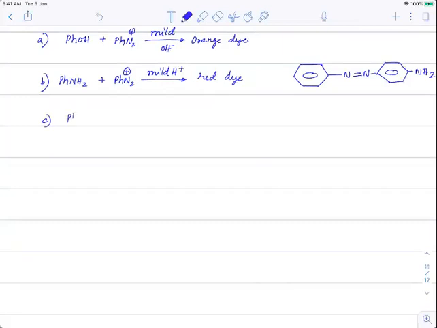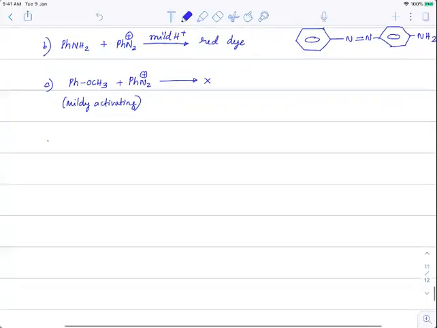If you react that with PhOCH3, anisole, with PhN2 plus, right? In this, no reaction, this is mildly activating because OCH3 is not as strongly activating as OH and NH2. So that's why it is mildly activating. Okay, to increase its reactivity, what we can do is, to this diazonium salt which we got here, we can attach a lot of nitro groups.